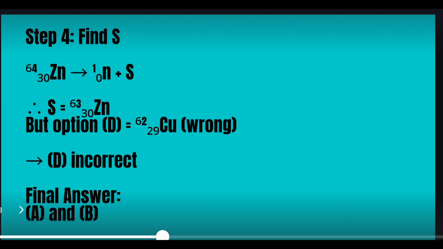In step 4 we have to find out S. Zn 30, 64 gives rise to neutron 1, 0 plus S. Therefore S is equal to Zn 30, 63, but option D is copper 62, 29, and this is wrong, so option D is incorrect. So the final answer will be option A and B. This is the correct one.